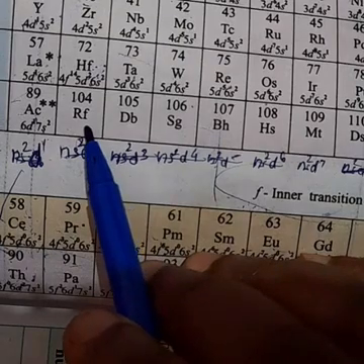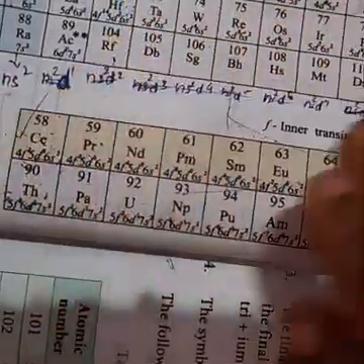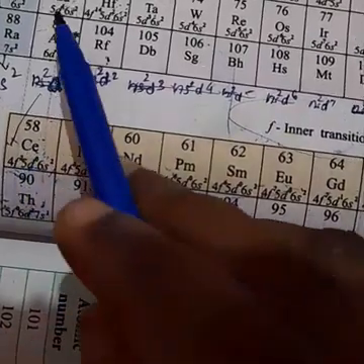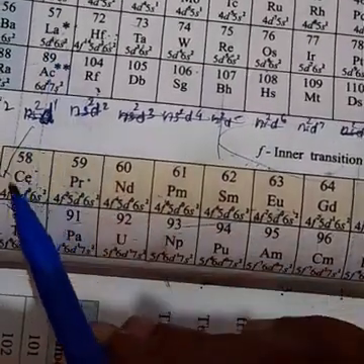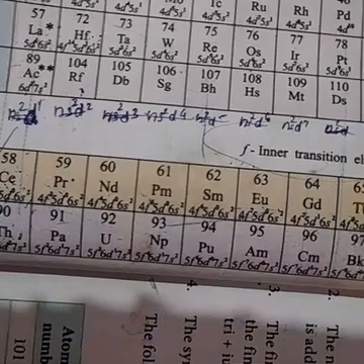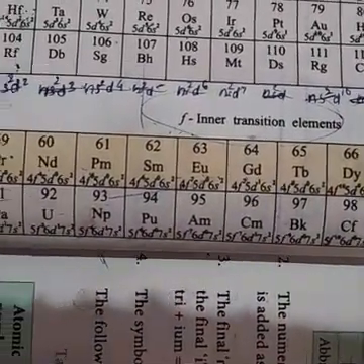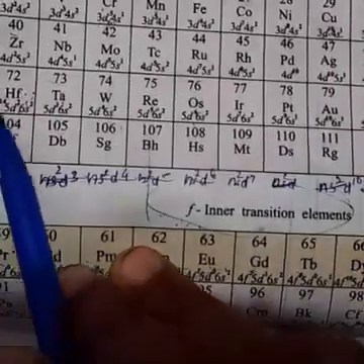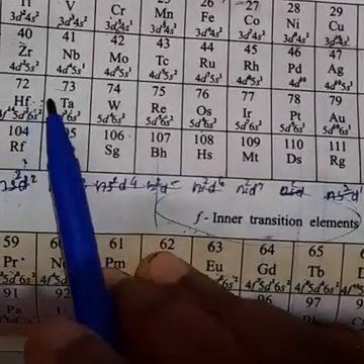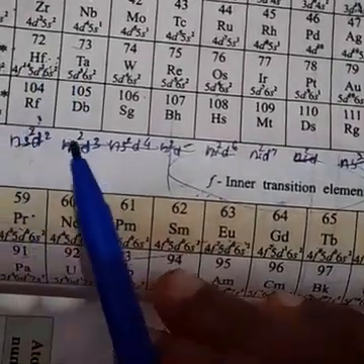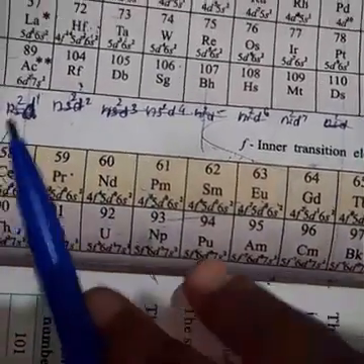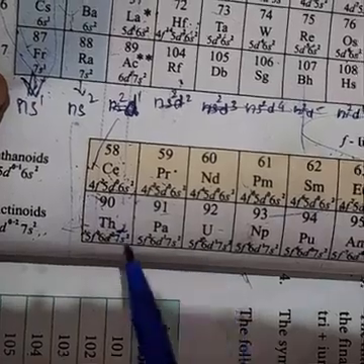Okay, understood. Check the atomic numbers also. Lanthanum 57 and after that cerium 58 to 71, cerium to lutetium. After 71, 72 is hafnium. Like that, actinium atomic number 89, after that thorium 90 to 103, thorium to lawrencium.